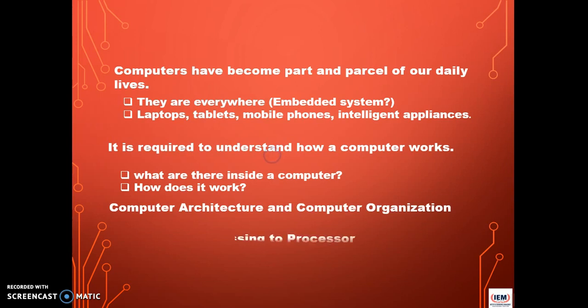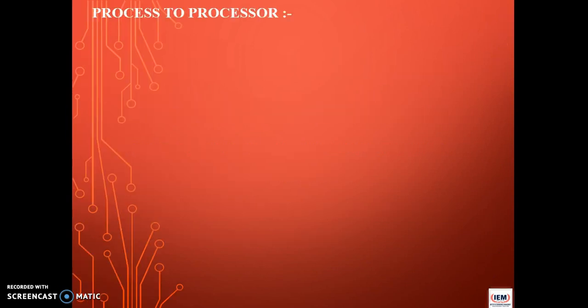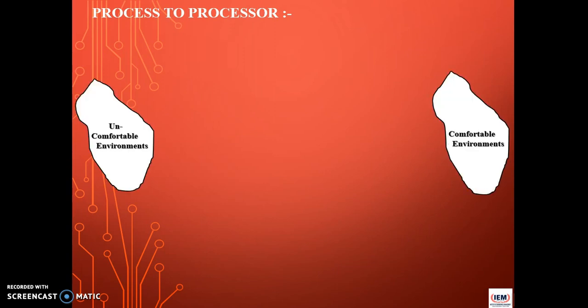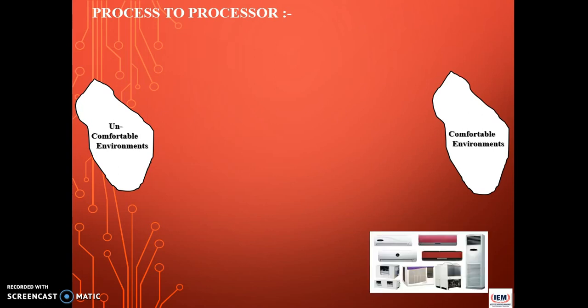Before starting my course content, I will discuss where the processor comes from. Here we consider two separate zones or areas: first, an uncomfortable environment, and the other, a comfortable environment. We'll consider the air conditioner as an example.